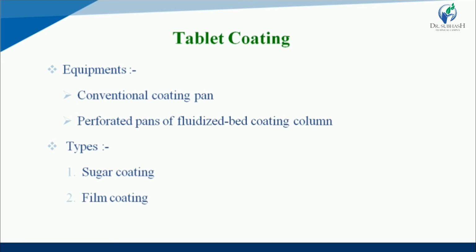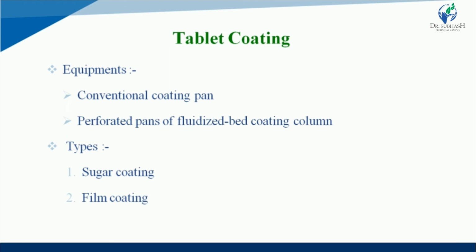For tablet coating, which type of equipment is required? Conventional coating pan and perforated pan or fluidized bed coating column is required. Types of tablet coating: first one is sugar coating and second is film coating.